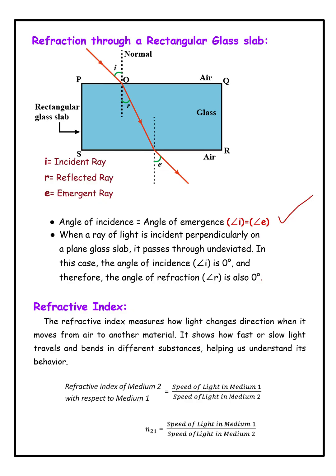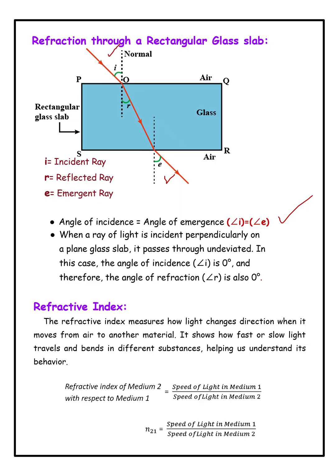When a ray of light is incident perpendicularly on a plain glass slab, it passes through undeviated. In this case, the angle of incidence is 0, and therefore the angle of refraction will also be 0.